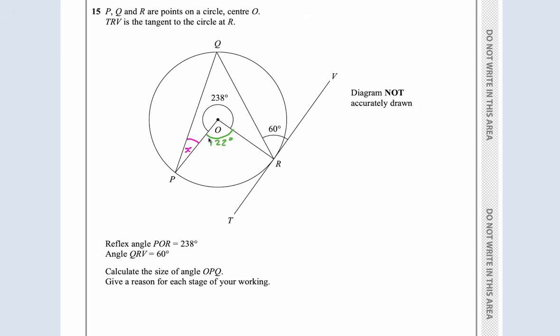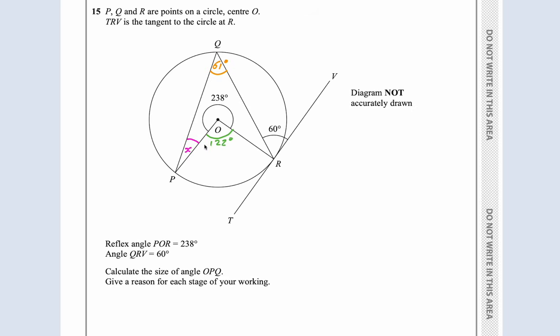So you have to write this is 122 because angles at a point add up to 360. Then this guy is half of this, so it's actually 61 degrees. Why? Because angles at the circumference are half angles at the center.